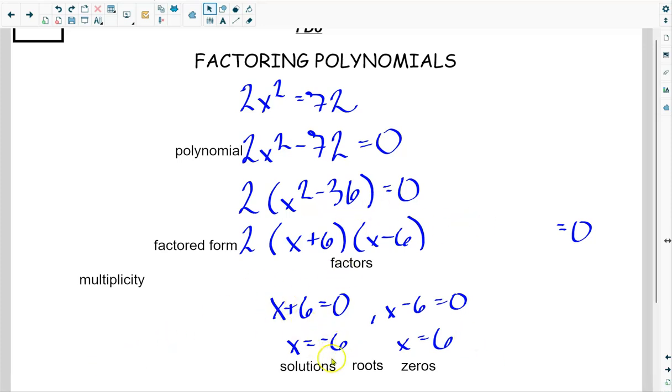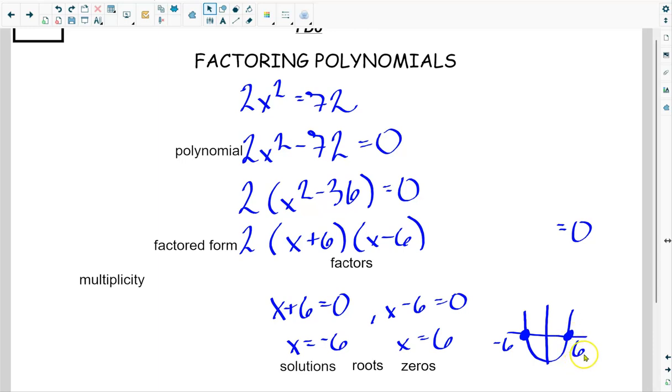And if it involves a graph, no big deal. Let's just say it was something like this. -6 would be one of the solutions, one of the roots, one of the zeros, and 6 would be the other one.